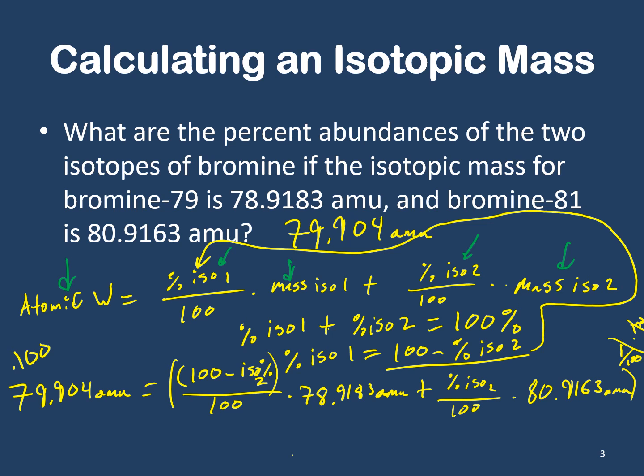This will give me that 7990.4 is equal to 7891.83 minus 78.9183 times isotope 2%, plus just 80.9163% isotope 2.